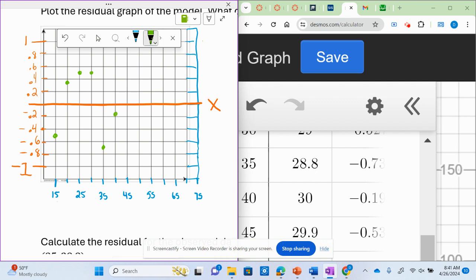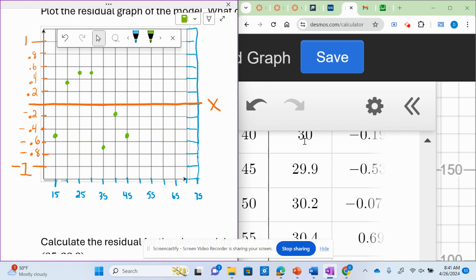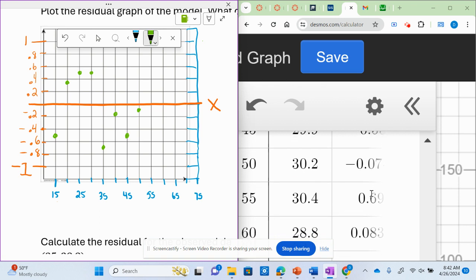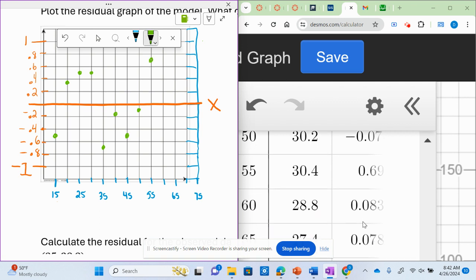45 is -0.5, right down here. 50 is negative 0.07. That's not even 0.1, so it's a little less than halfway in between the 0 and the negative 0.2. 55 is 0.69, so I'm going to put that at the positive 0.7, right in between the 0.6 and the 0.8. 60 is 0.08, so that's less than a 0.1.